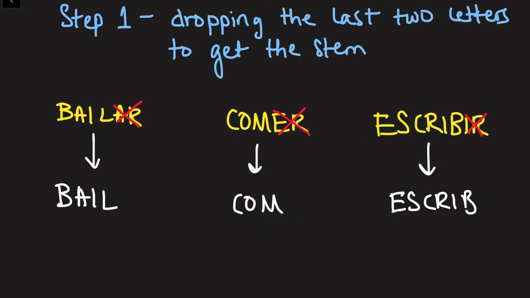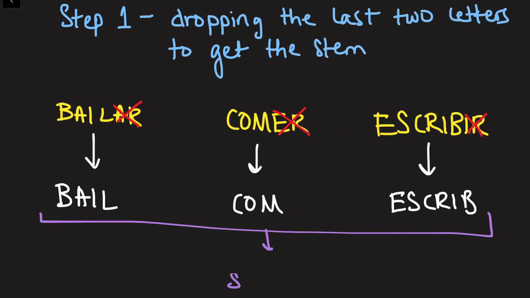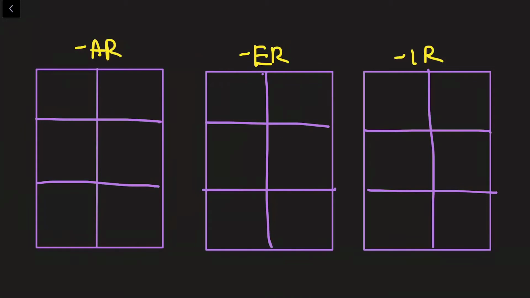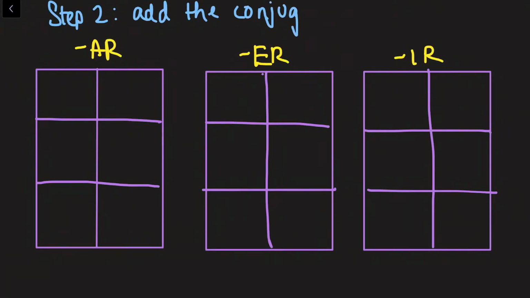Now, like I mentioned before, these words or parts of words are called the stem of the verb. Now, let's look at step 2. According to step 2, you have to take the stem of the verb and add its specific conjugate endings.